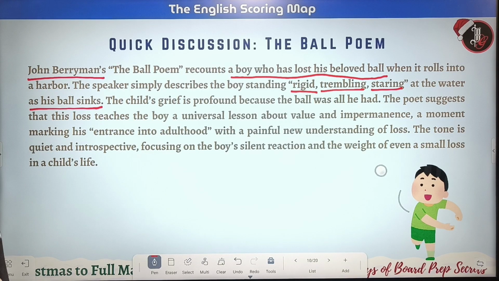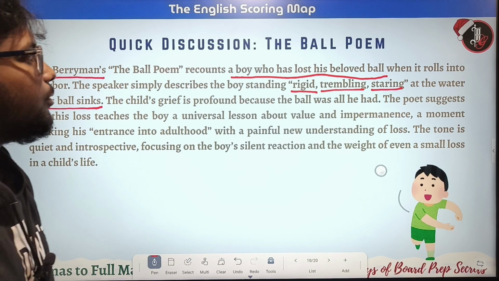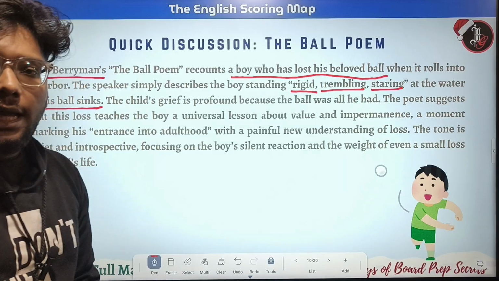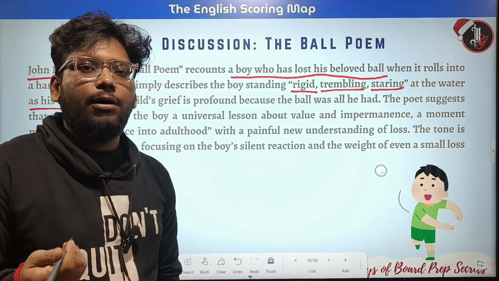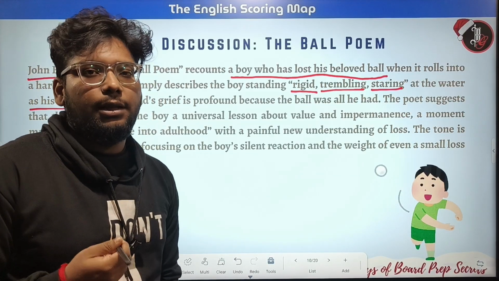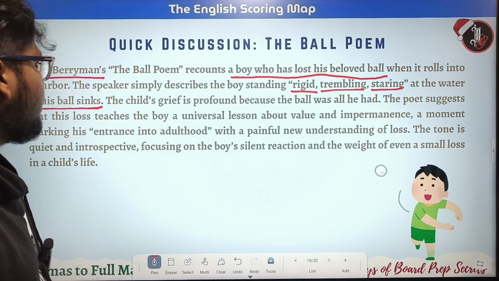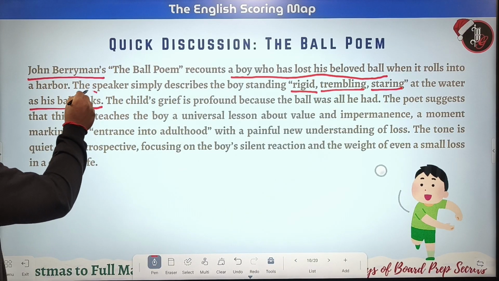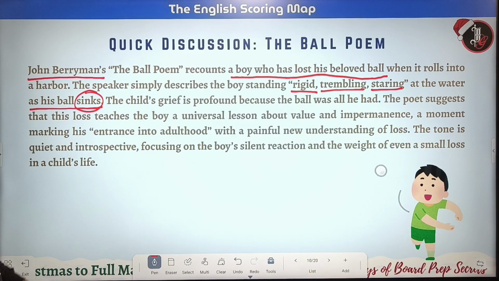Right now, the child's grief is profound because the ball was all he had. The child had nothing other than the ball, and the ball was such an important part of his life. Now the ball has sunken completely.